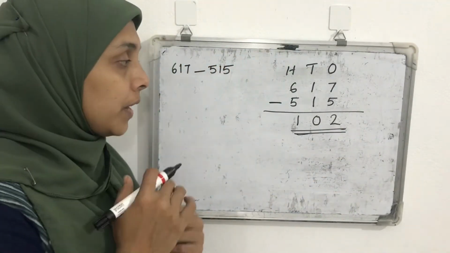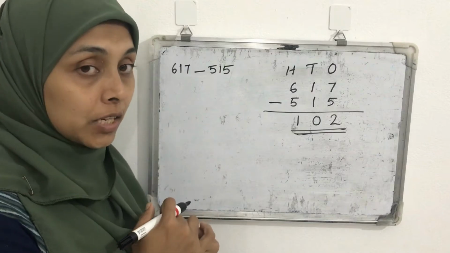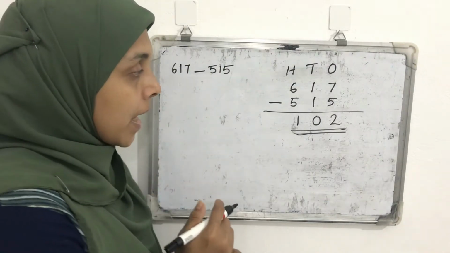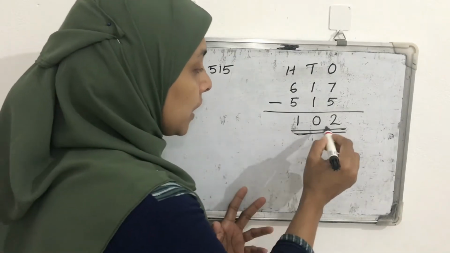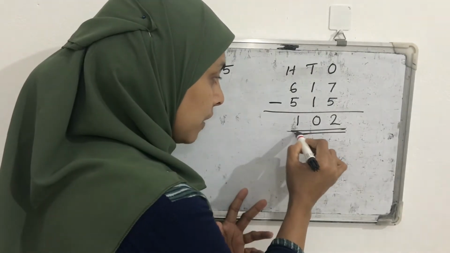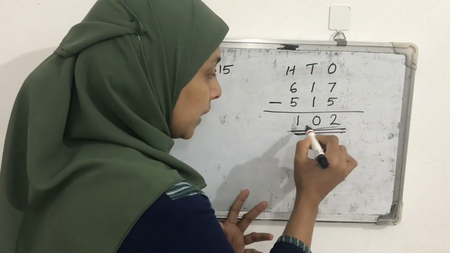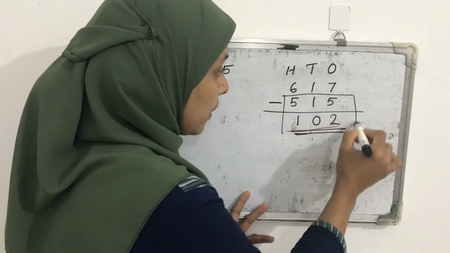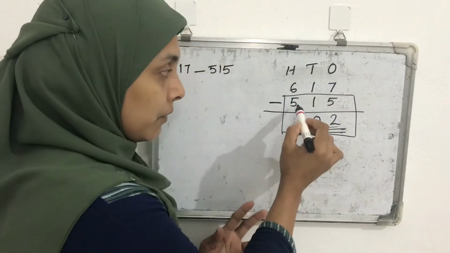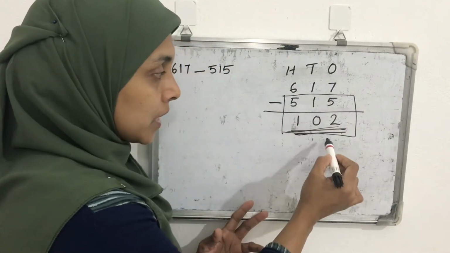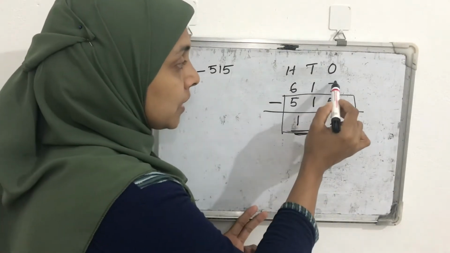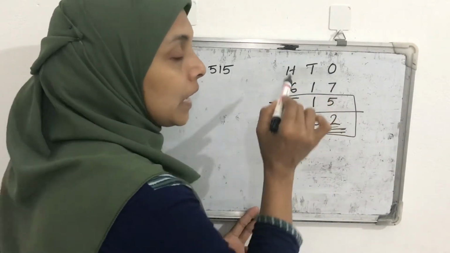Now we can check whether our subtraction is correct or not. We can use one method. When we add the answer we got, 102, and the second number, 515, we want to get the correct answer 617.